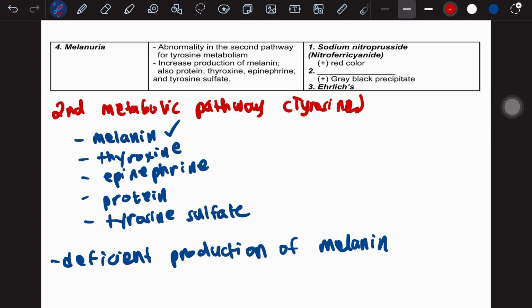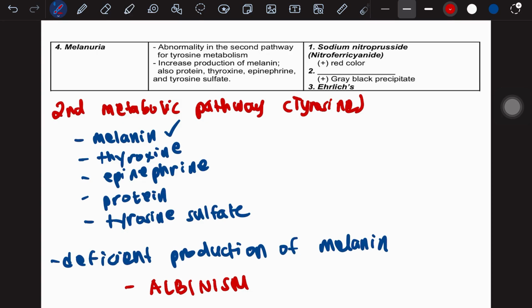It will cause albinism. So, elevated urinary melanin is a serious finding which indicates malignant melanoma.